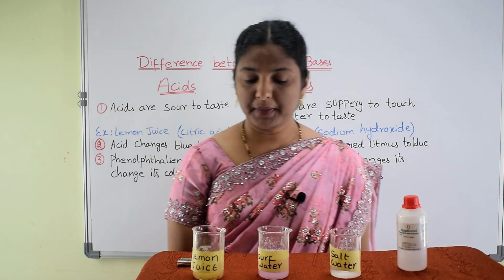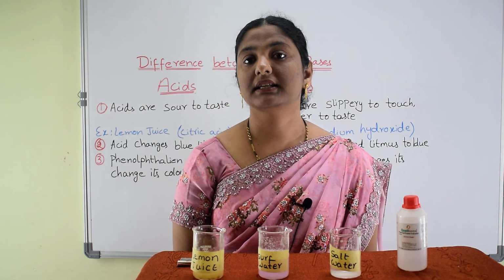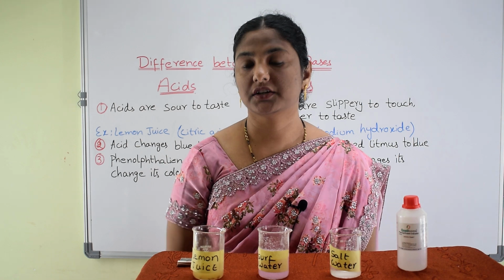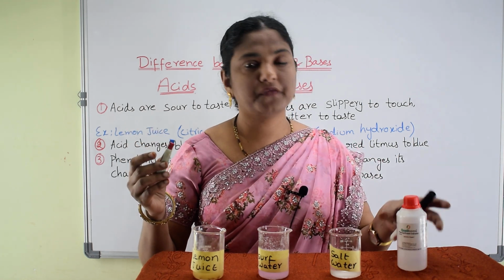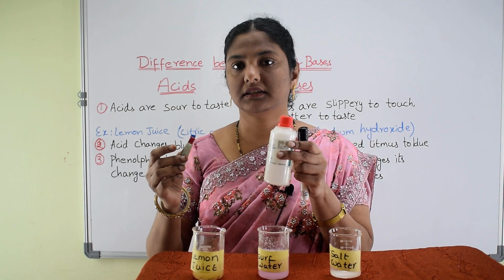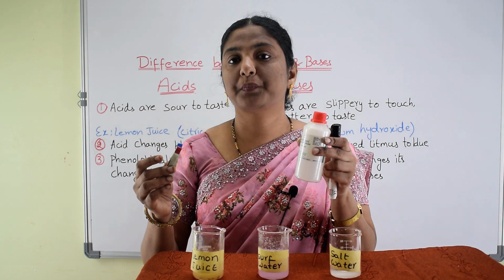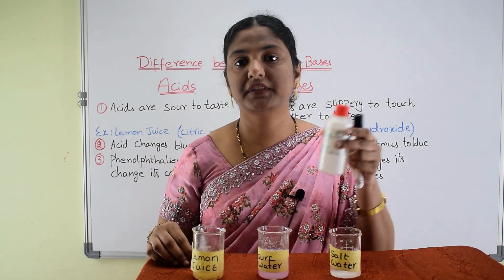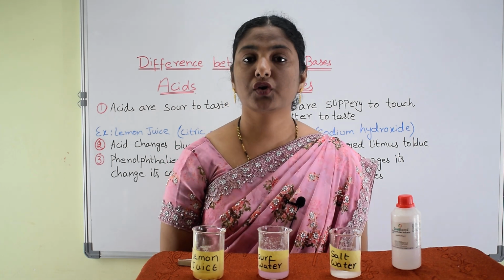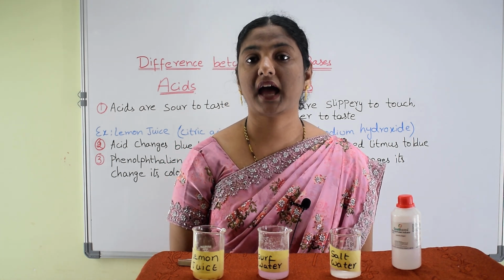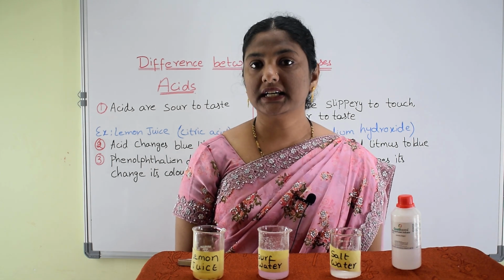Here we have two types of chemical indicators: litmus papers and phenolphthalein indicator. By using these litmus papers and phenolphthalein indicators, we test corrosive substances such as hydrochloric acid and sulfuric acid.